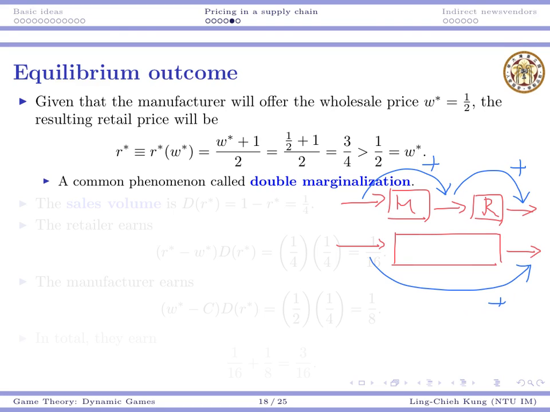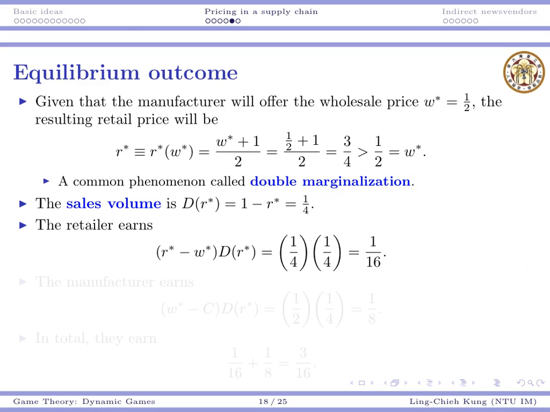And I suggest do not believe them because their products are just useless and not very cheap. My personal opinion. Anyway, if we are really talking about a usual supply chain, then because there are two layers, both of them want to get some positive margin. So this is called double marginalization in a supply chain or in a distribution channel.